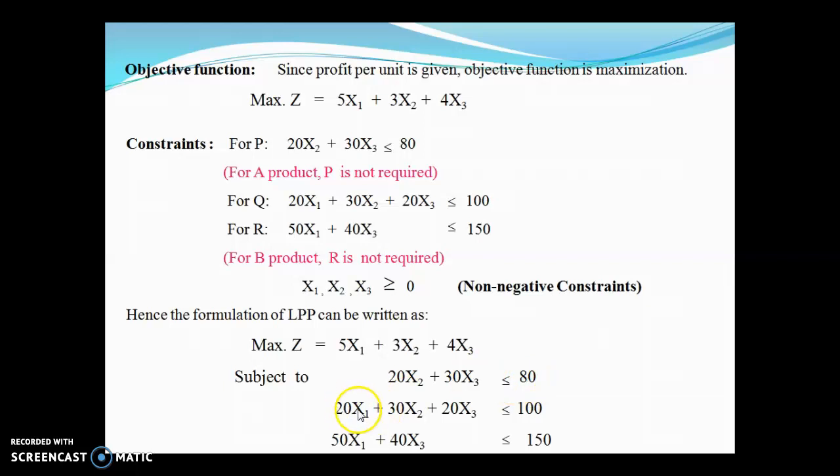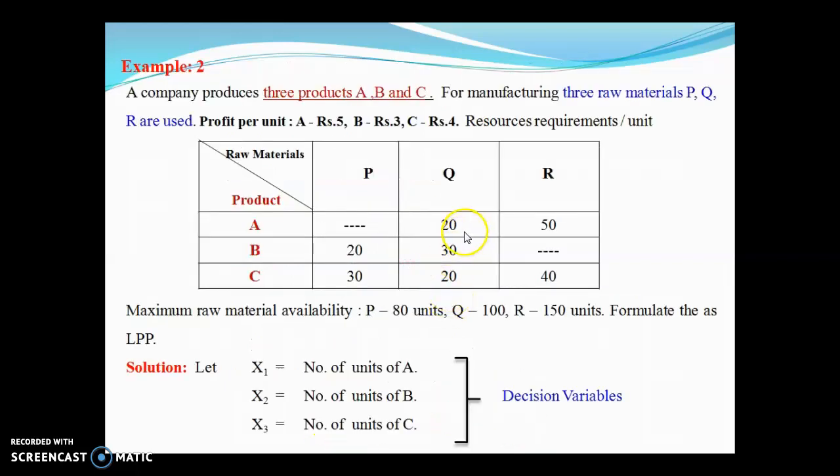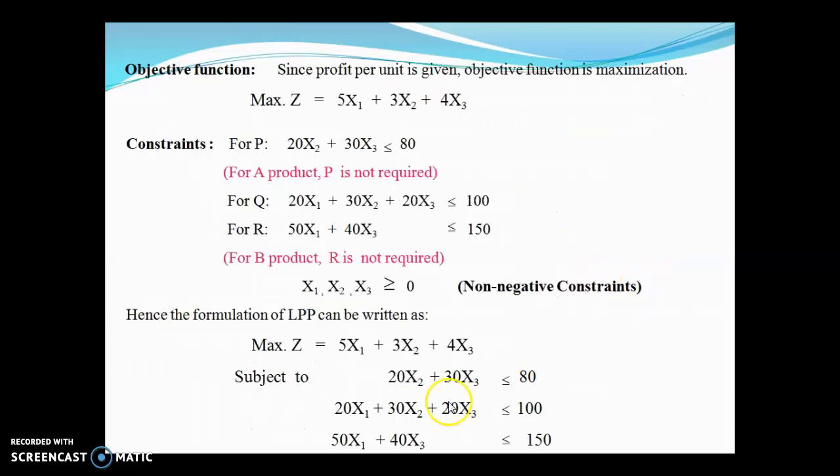Same for the second constraint, 20x1 plus 30x2 plus 20x3, because here all values are given, 20, 30 and 20. For R, in B the raw material is not given, that's why 50x1 plus 40x3 less than or equal to 150. These are the non-negative constraints.